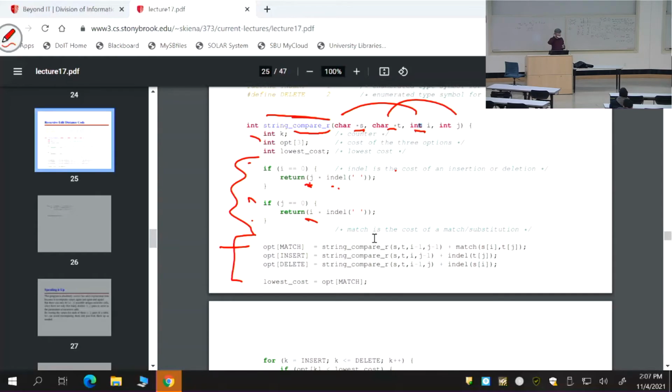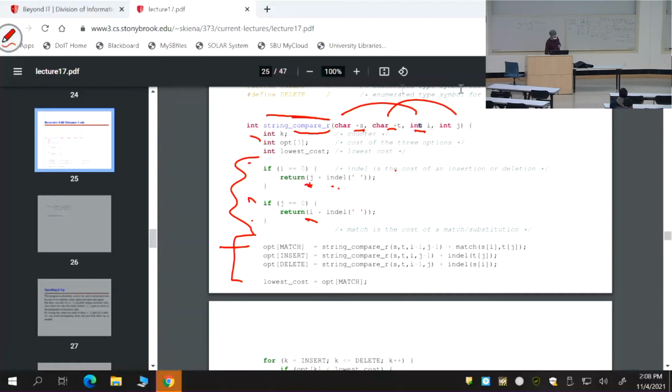You say n times m. Notice that this is a recursive program and not a dynamic program. This is calling something recursively. You see how this is doing it?